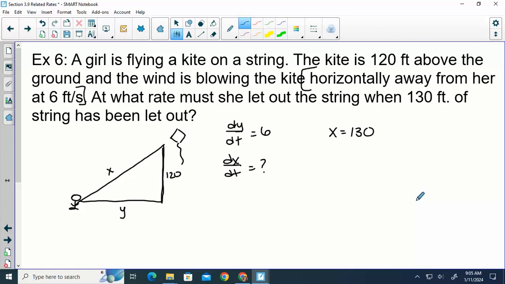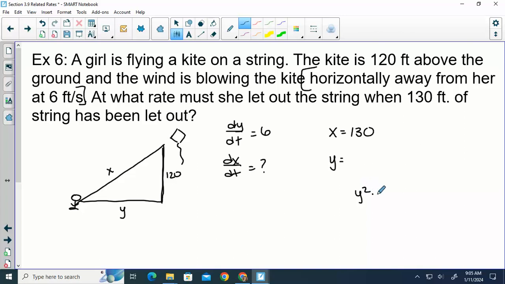Questions there? What next? Find y at this instant. We know y is changing, but it is a triangle.